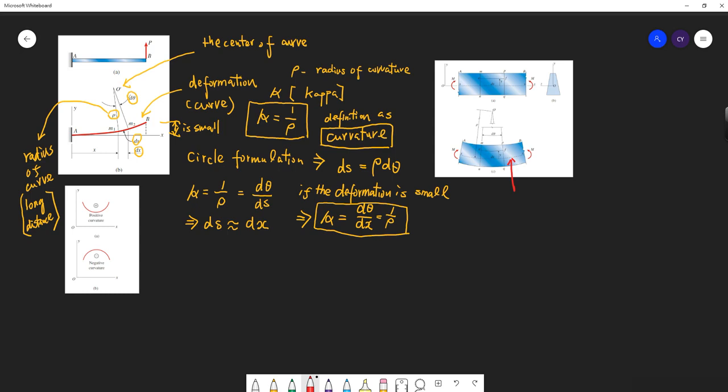We call it a neutral axis. And also on the plane is a neutral plane.